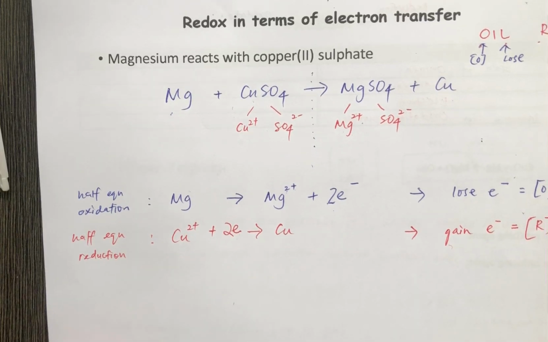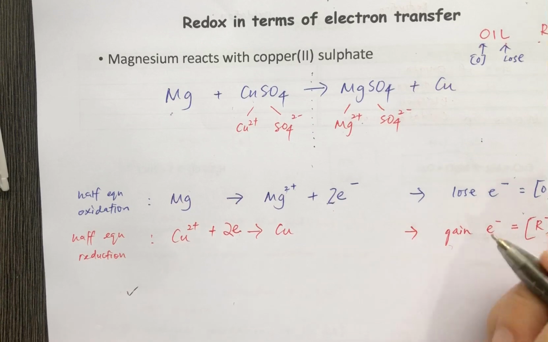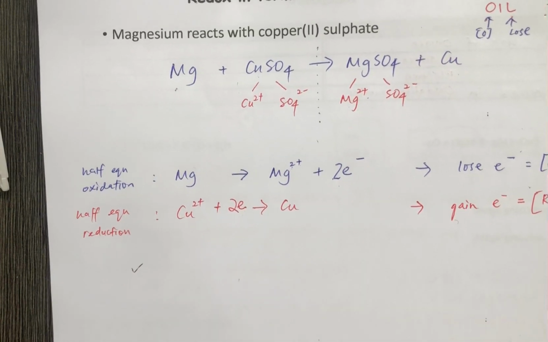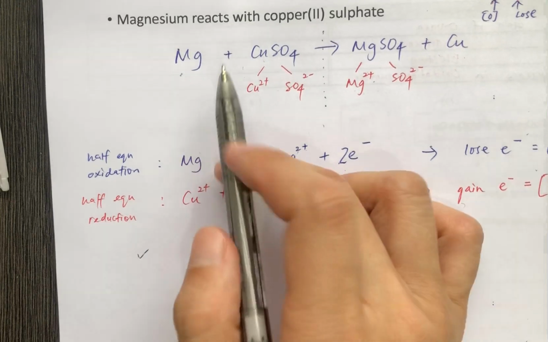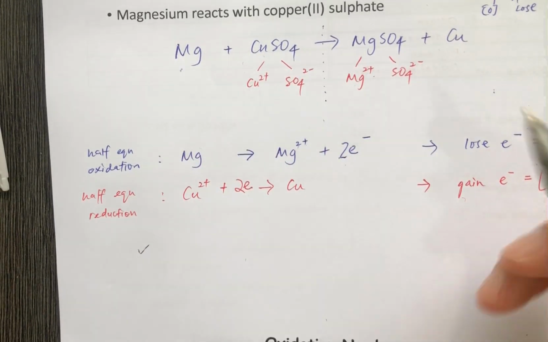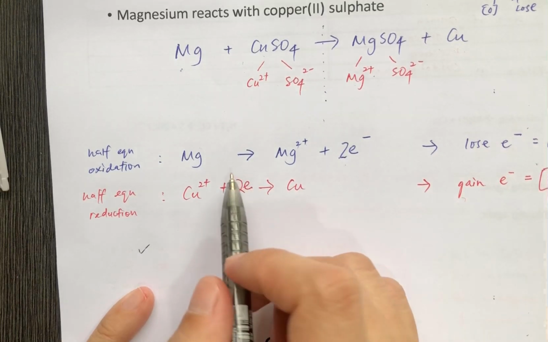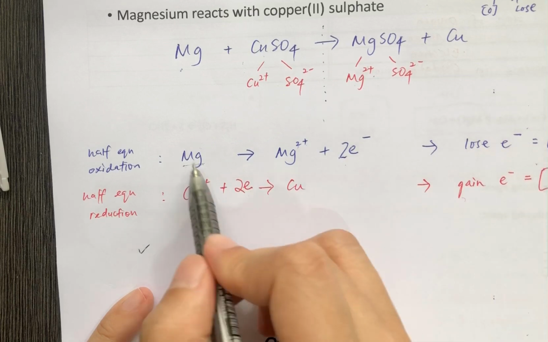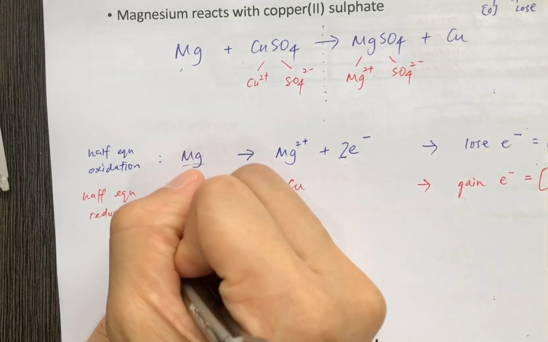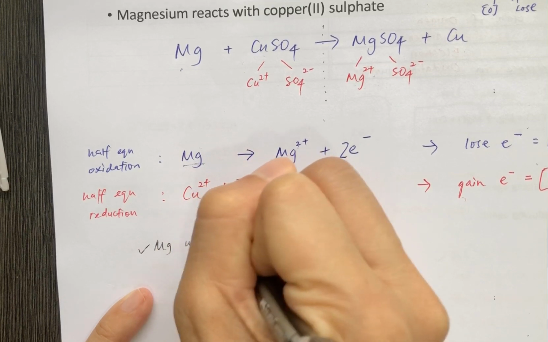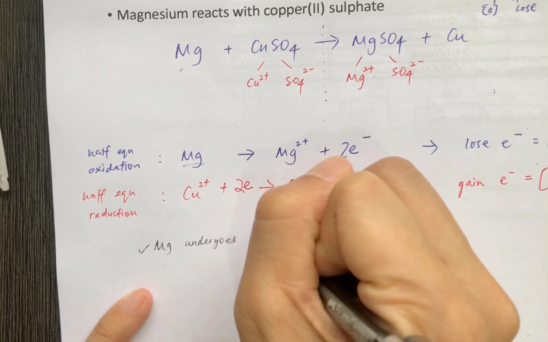Now we are going to write this down in essay form. If the exam asks, how are you going to explain that this reaction is a redox reaction based on electron transfer? It's very simple. Magnesium undergoes oxidation.